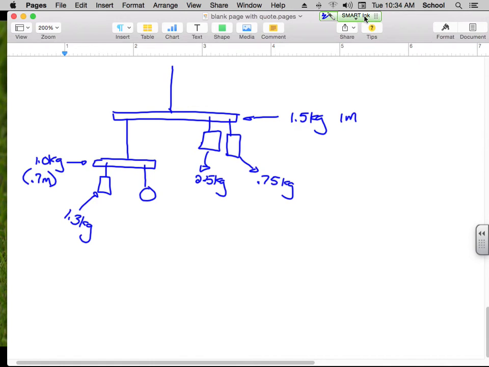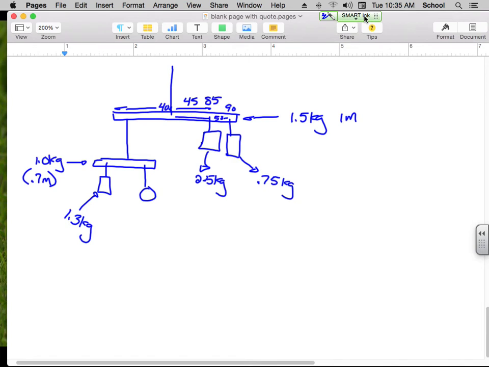We know this whole distance is 1 meter. Let's say this string is hanging right at the 40 mark, which means this whole length is 40. From the midpoint, this one is hanging at, say, the 85 centimeter mark, which means this distance would be 45, and this one's hanging at 90, which means this would be 50.